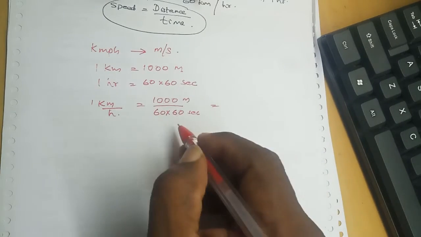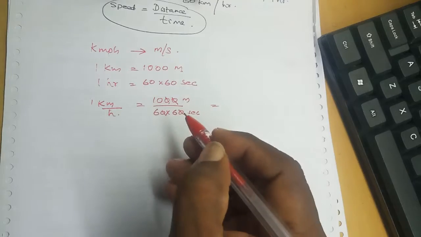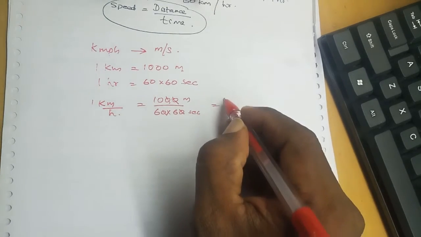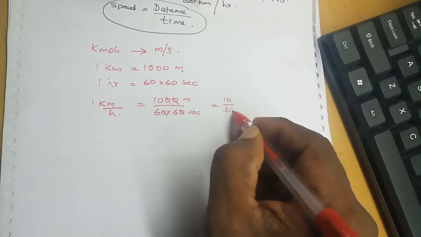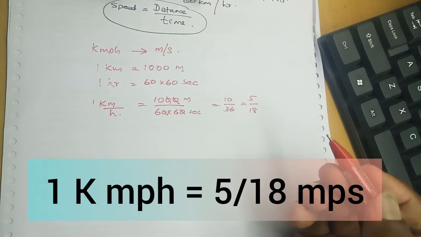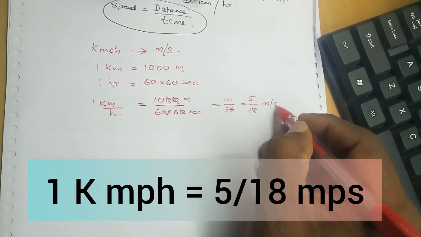Is equal to how much? 10 divided by 36, is equal to 5 by 18. So for conversion, it is so much meter per second.